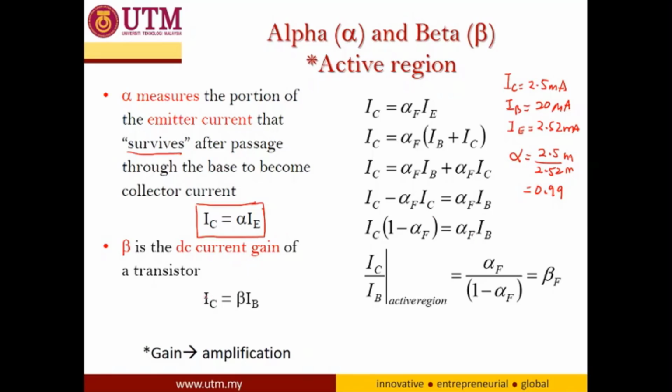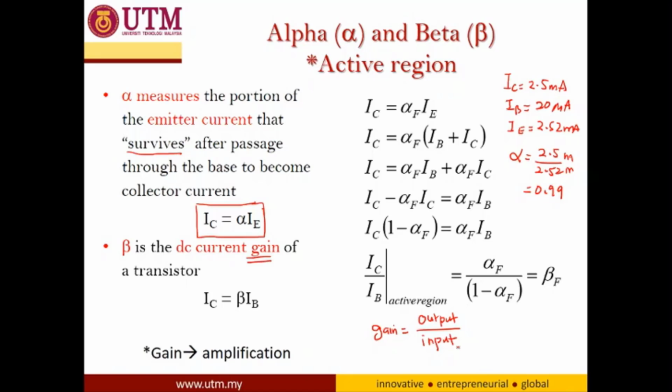And then we have beta. What is beta? Beta is the DC current gain. The definition of gain is the output over input. The gain means how much the output is enlarged or amplified with respect to the original input.